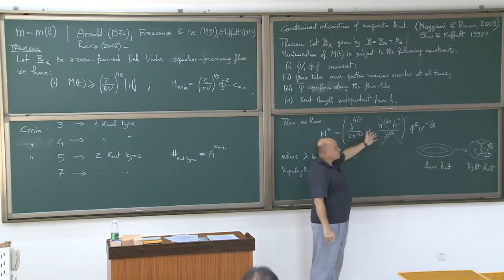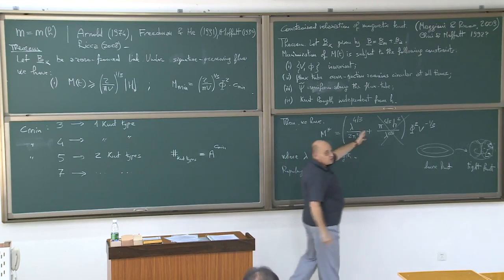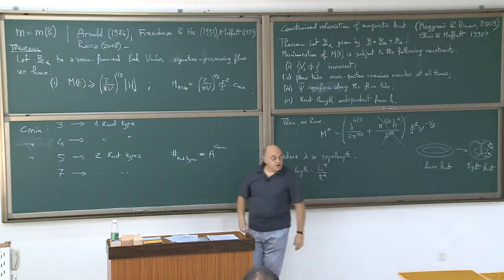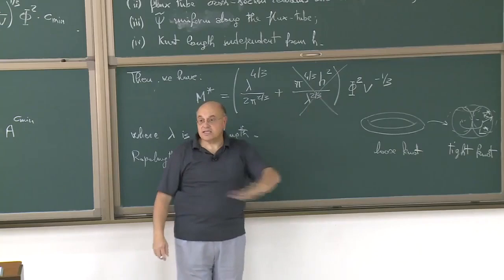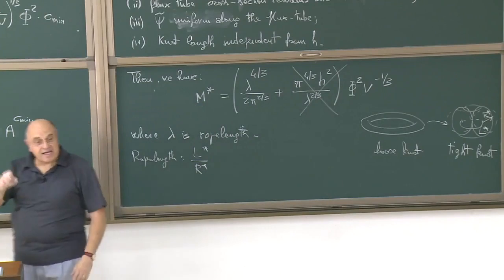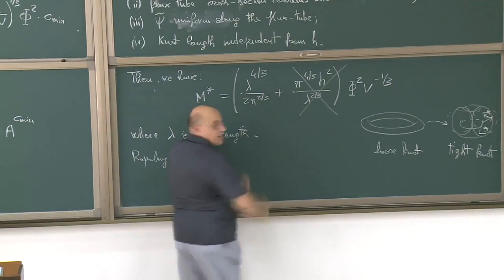But of course, you can draw your diagrams and see how this changes, and this was done. Now, let's assume, for simplicity, that h is 0, so the internal linking is 0. So we are left with this function.